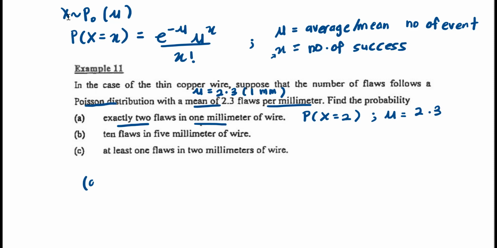So for question A, we have the Poisson with mu 2.3.